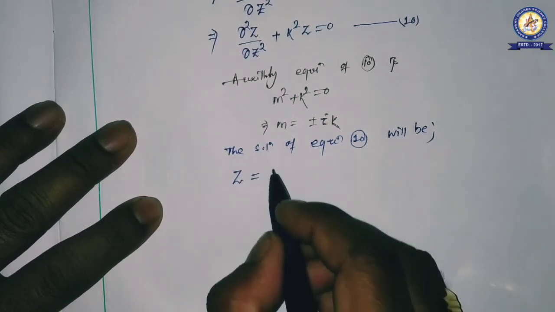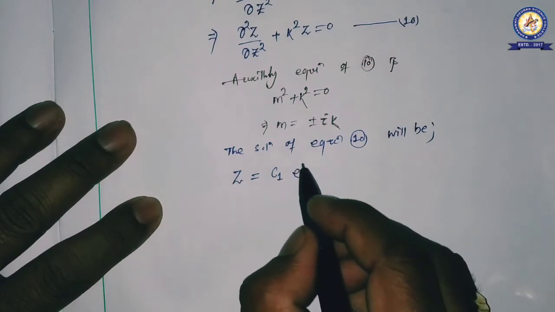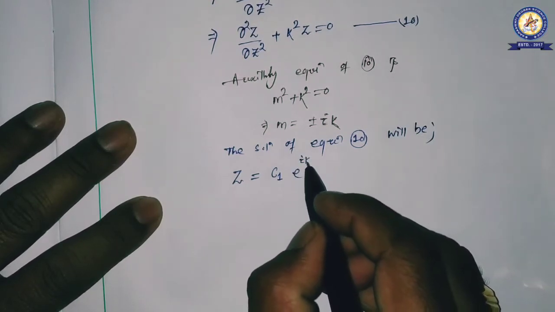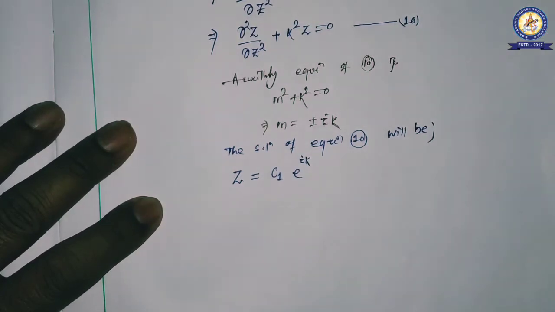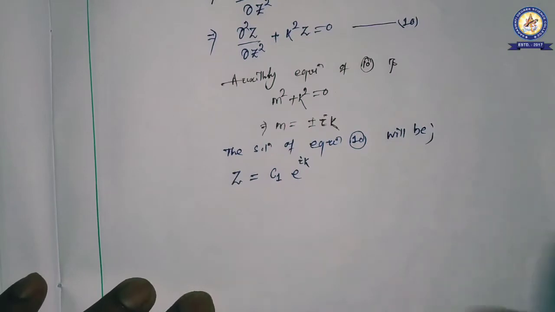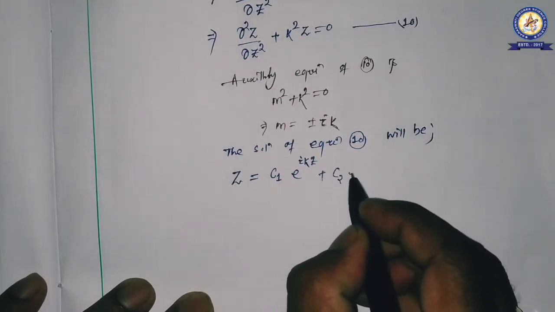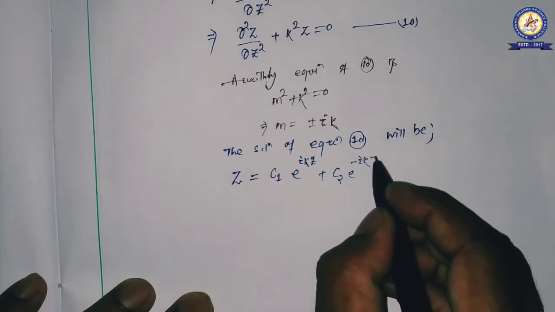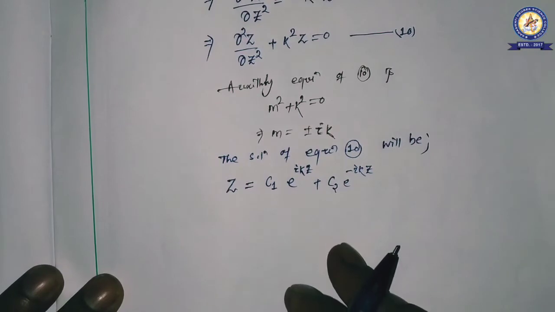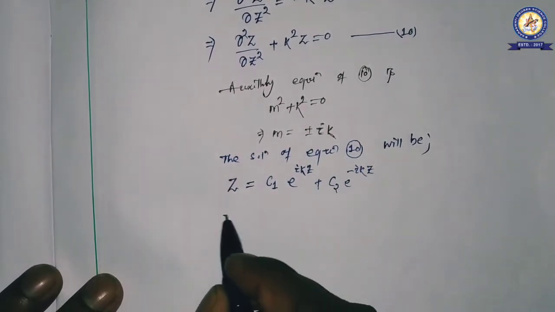Suppose we take C1 e to the power plus ik into small z plus C2 into e to the power minus ik into small z. This is the solution of the equation number 10.